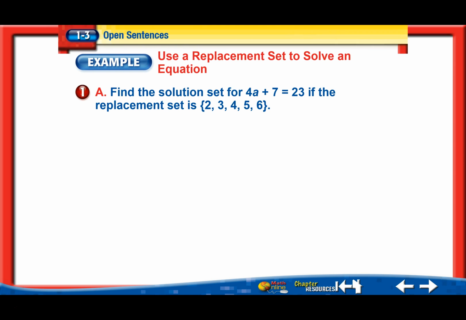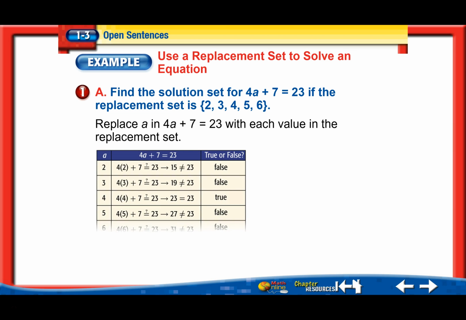All right, so use a replacement set to solve an equation. Find the solution set for 4a plus 7 equals 23 if the replacement set is 2, 3, 4, 5, and 6. So we're going to replace a with the number 2, and they did this all in a nice graph. 4 times 2 plus 7 equals 15.